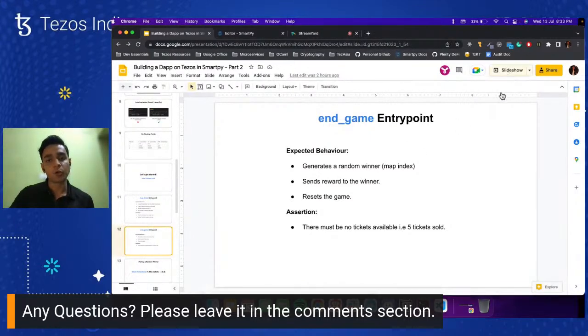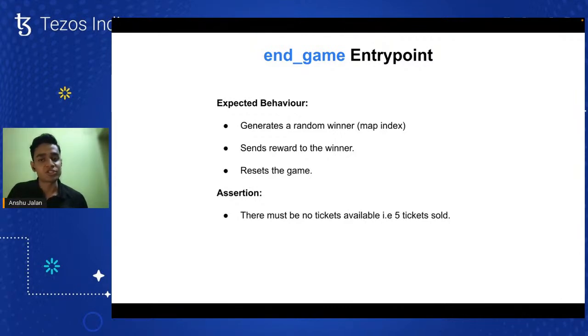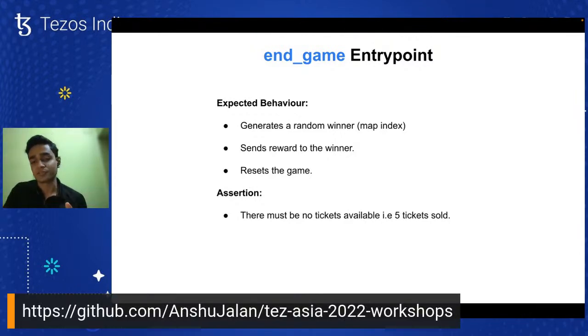The first thing that we do in the end game entry point is that we generate a random winner. And how do we generate a random winner? Well, we generate a random number which equals one of the map indices, right? You just pick an index, and against the index, you have a Tezos address, which will be the winner. Pretty simple.